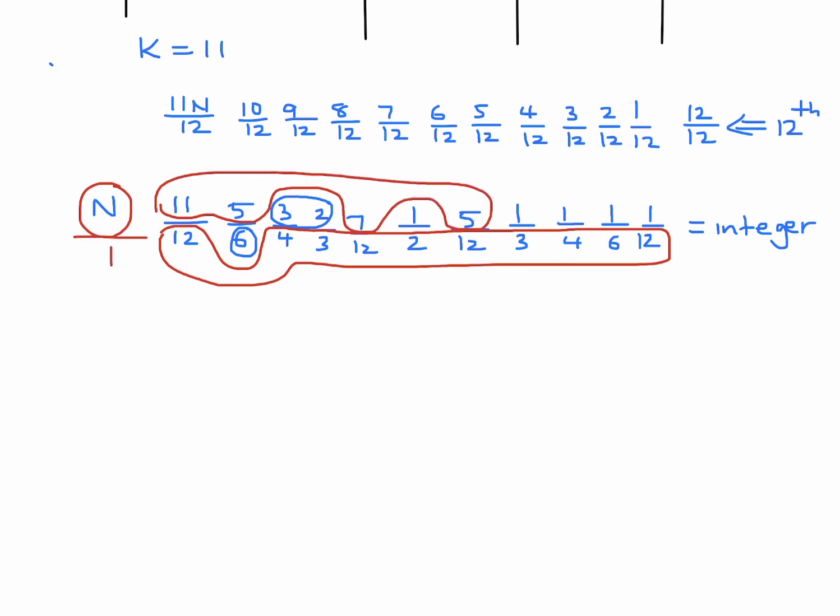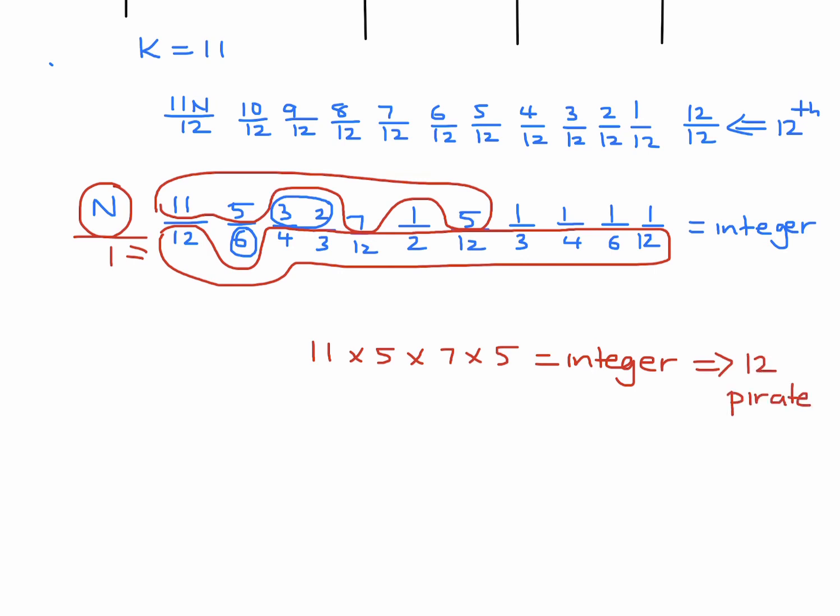The 11, the 5, the 7, and the 5, because all the other ones are 1s. So if n is equal to that denominator, the only thing that's left is 11 times 5 times 7 times 5, and that will be our integer, and that represents how many gold coins the 12th pirate receives.